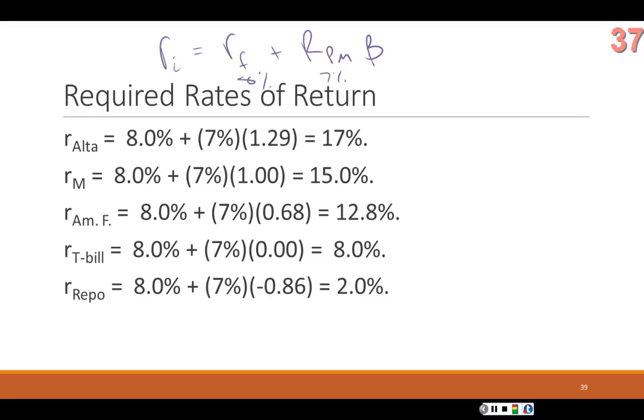So then all we have to do is plug in the different betas to calculate our required return. So 8% is the risk-free rate plus the market risk premium of 7% times Alta's beta of 1.29. That gives us a required return of 17%, and we can do that for each of our securities.